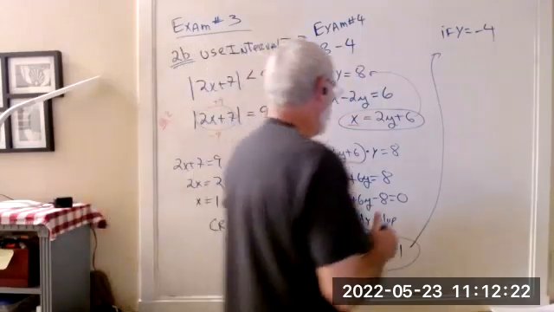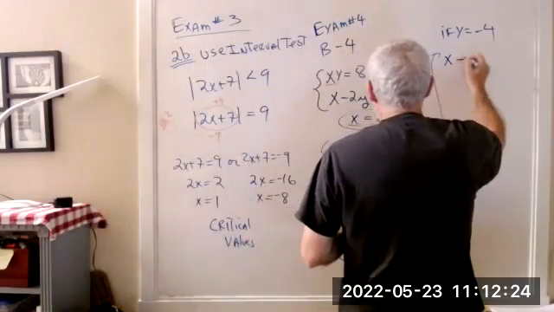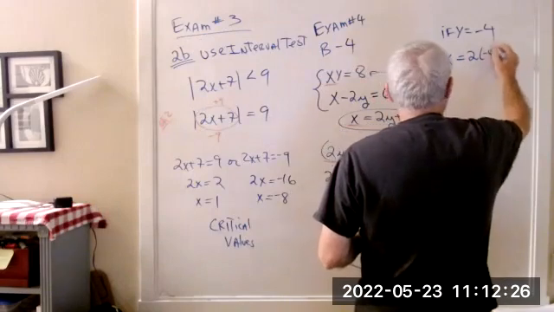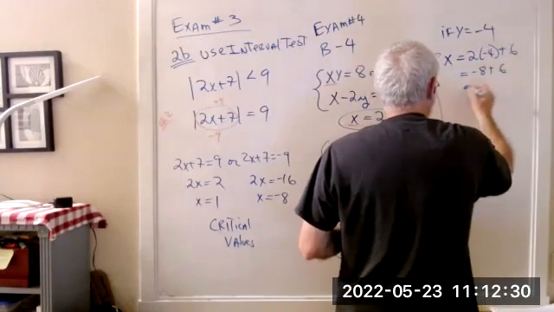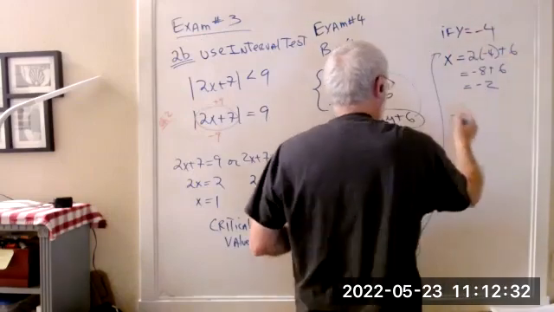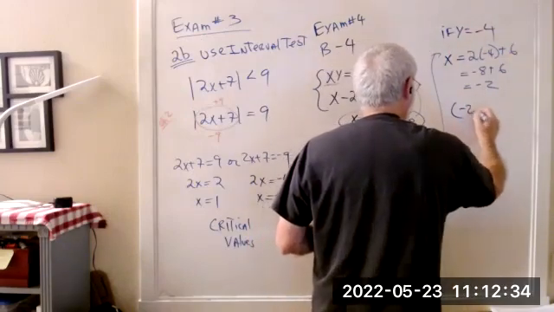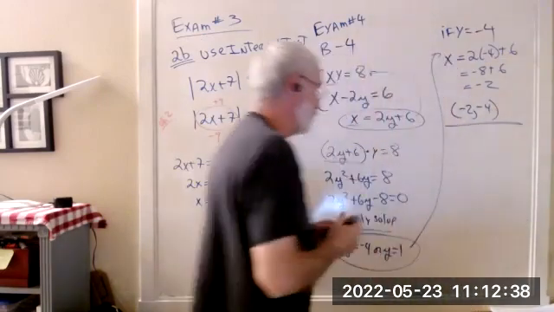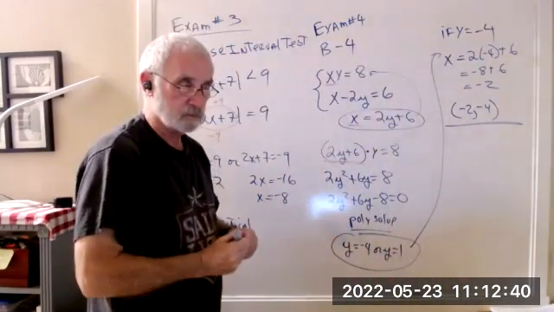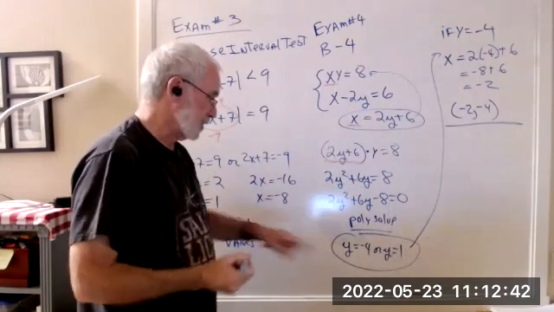If y is -4, then x is 2 times -4 plus 6, that's -8 plus 6, that's -2. So if y is -4, we had -2, -4 as one of the solutions.